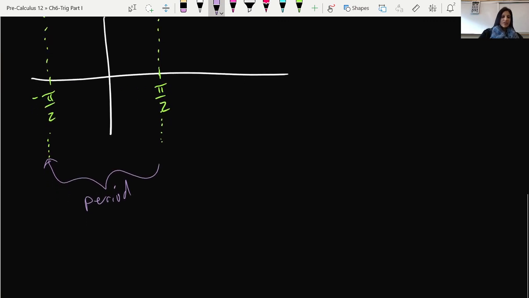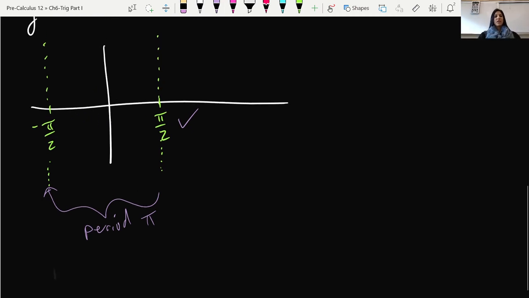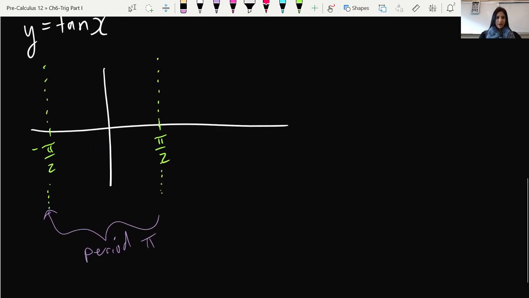But for this one, the period is pi, because if I counted the distance that I'd have if I went from negative pi over 2 to plus pi over 2, it would be pi. So to make sense of this, if I did negative pi over 2 and I added to that 2 pi over 2, because that's the same thing as pi, but as a fraction over 2, then it makes sense that I would get positive pi over 2 as my result. So just to get you to clearly understand where this is coming from or what a period of pi means.